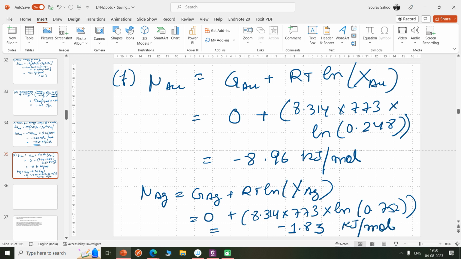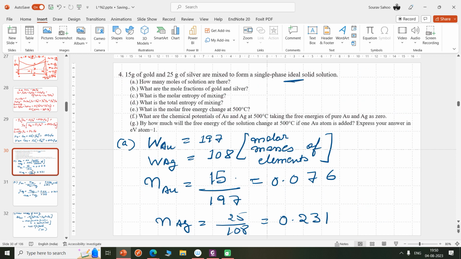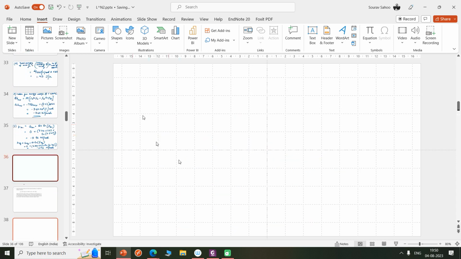Coming to the last part: by how much will the free energy of the solution change at 500 degrees centigrade if one atom of gold is added? This is a very small addition.